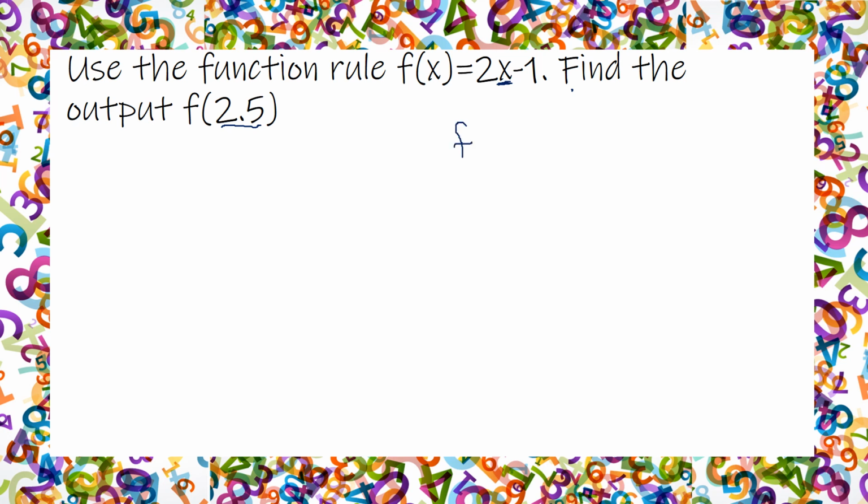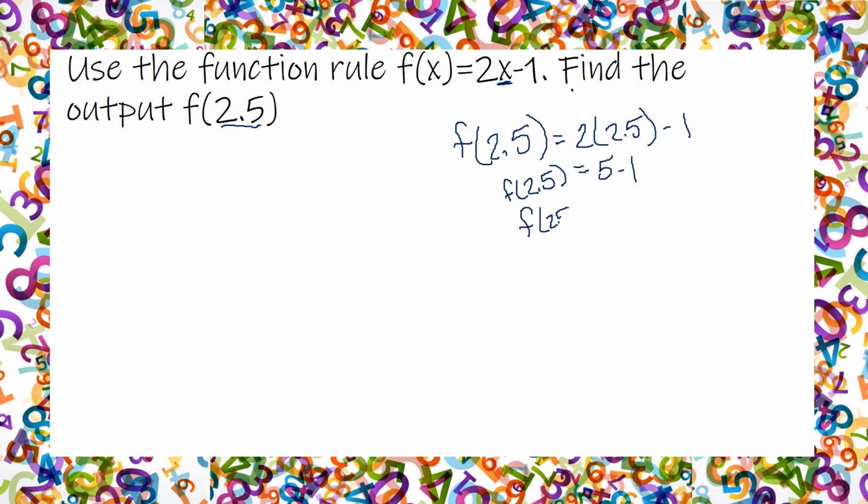So we're going to say f of 2.5 equals 2 times 2.5 minus 1. So 2 times 2.5 is 5, minus 1. 5 minus 1 is 4. And I'm done. That's all you have to do there.